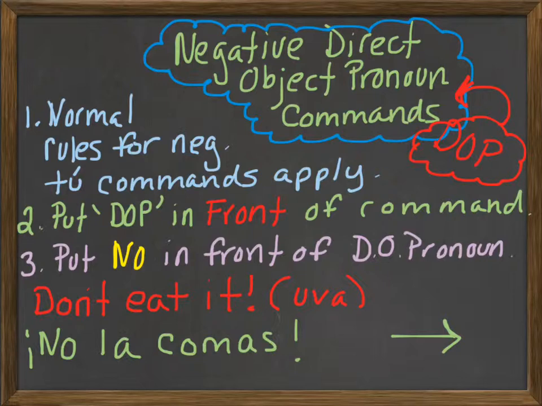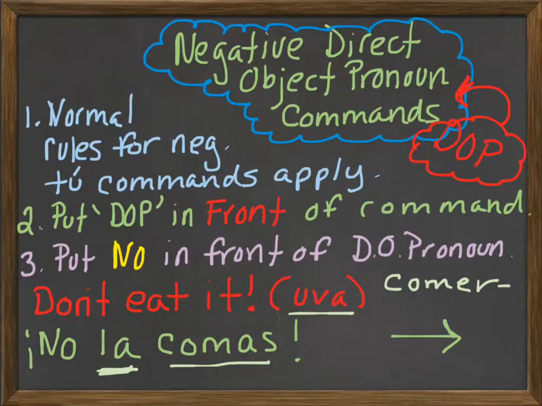Not after it, before it. So if I want to say don't eat it, I'm talking about the grape again, and comer means to eat, my command would be no la comas. Remember, on negative tú commands, the direct object pronoun comes before the negative command.